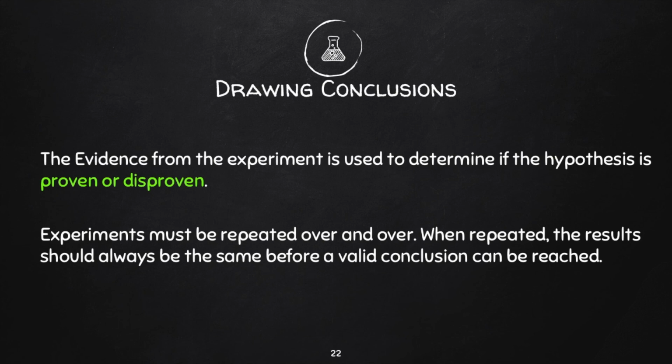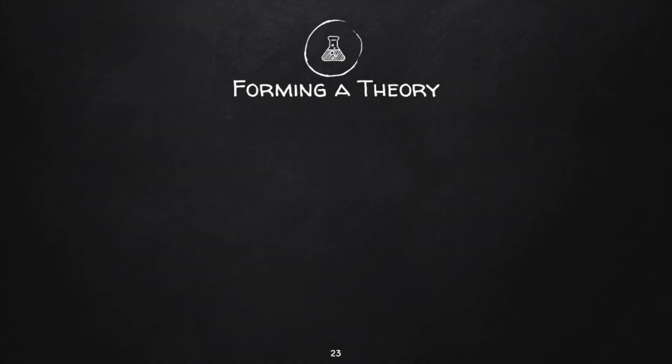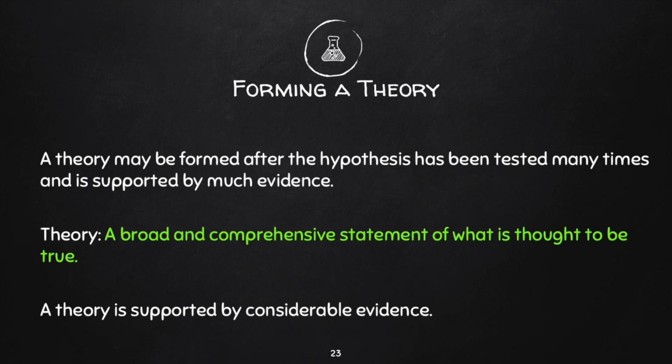So in real life, experiments are repeated over and over again, sometimes across a whole lifetime. It's not always in little 40-minute chunks in middle school. So we'll be reiterating that all year. And then forming a theory. A theory is formed after the hypothesis is tested many times and is supported by that evidence.